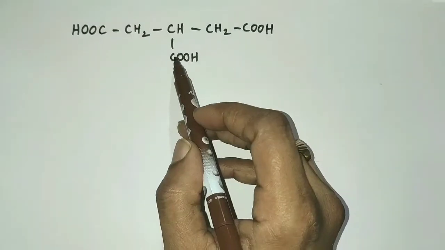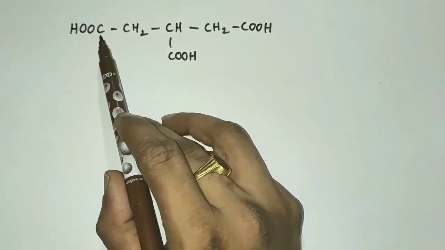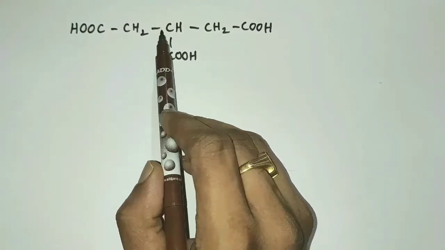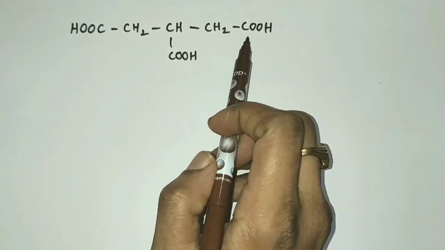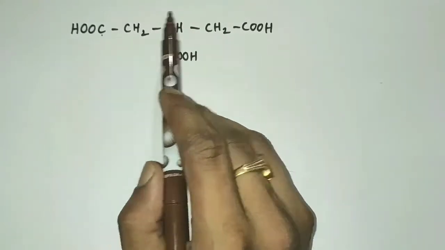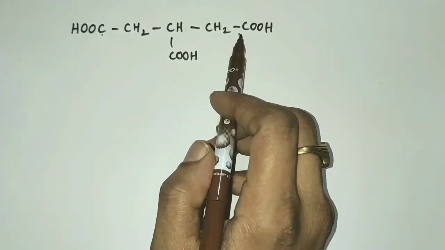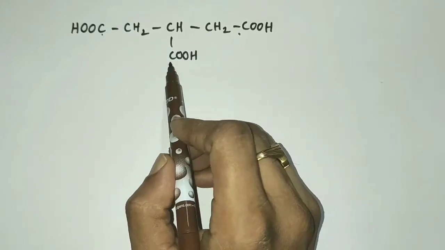If we count number of carbon atoms in longest carbon chain, 1, 2, 3, 4, 5 carbon atoms are present if we include these two COOH groups in longest carbon chain. But we have one more COOH.